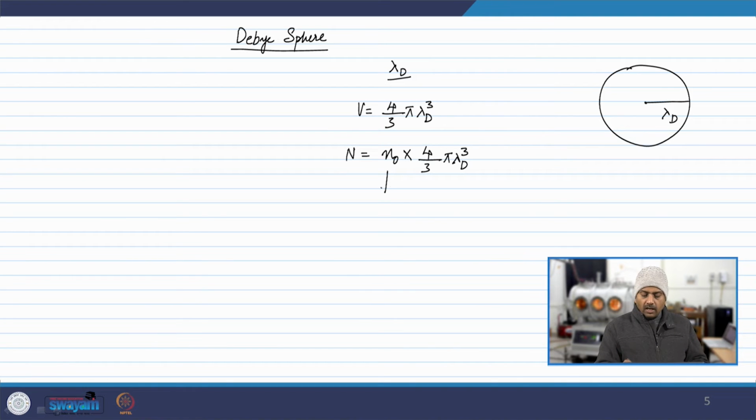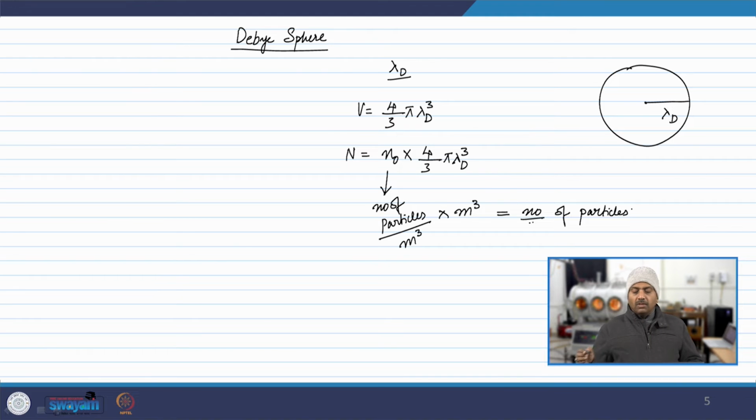See, n naught is in the unit of number of particles per unit volume. That means you have volume in the denominator, and when you multiply this with volume, what you get is the number of particles. We are actually looking to find out the number of particles inside the Debye sphere.